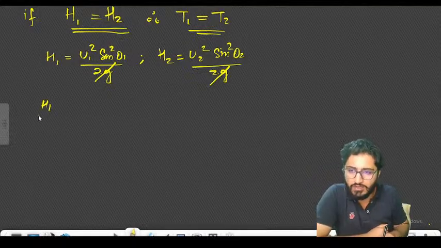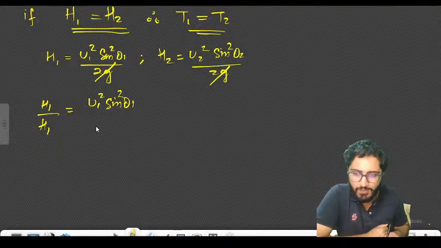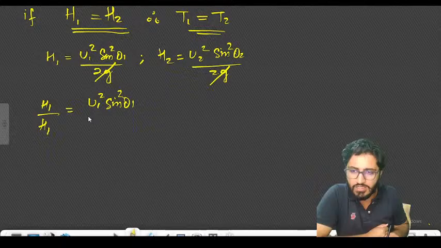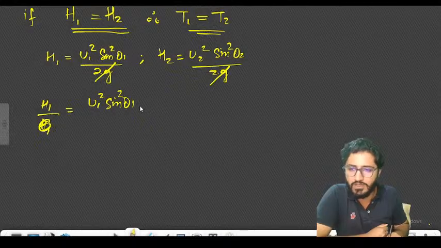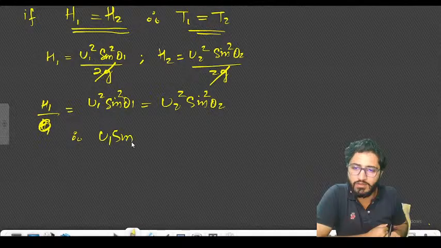So h1 equals h2 gives u square sin square theta 1 equals u square sin square theta 2. Therefore I can write u1 sin theta 1 equals u2 sin theta 2.